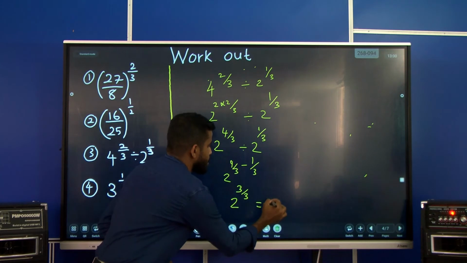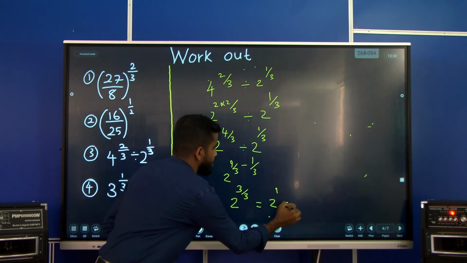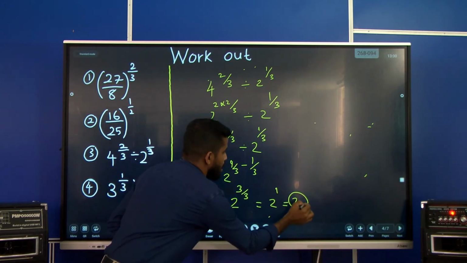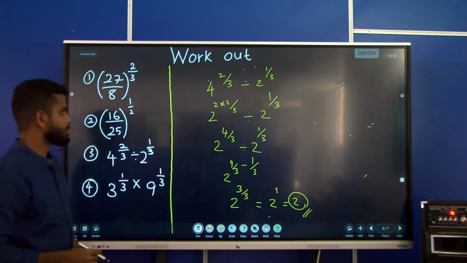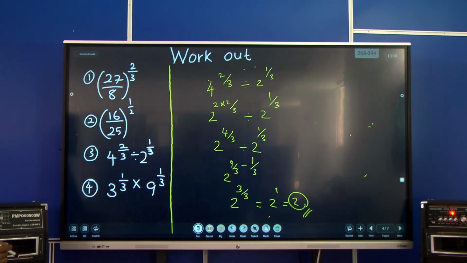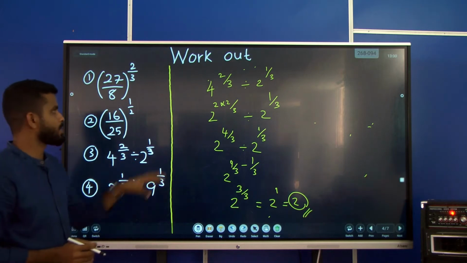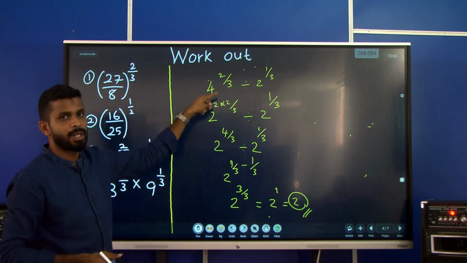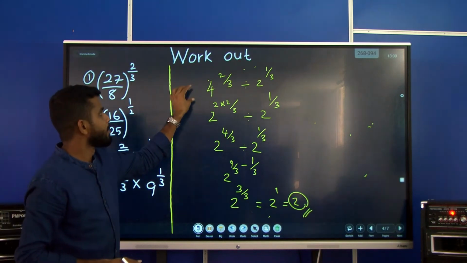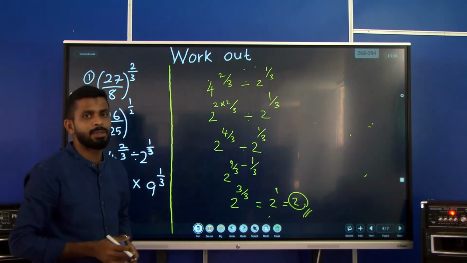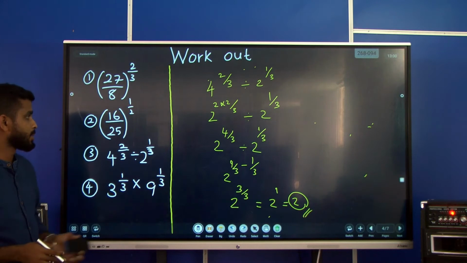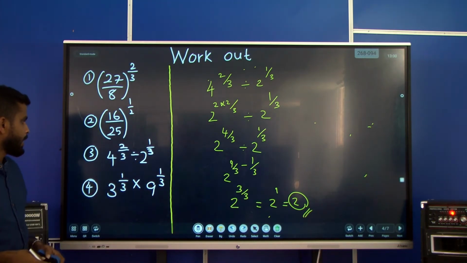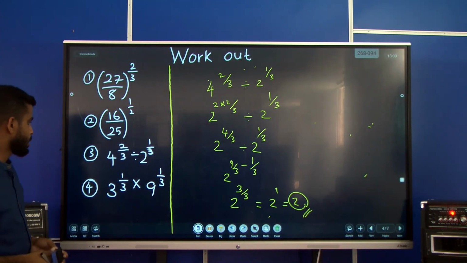The answer is 2 to the power 1, which is equal to 2. So I hope this one gives you a clear picture about division. When you divide with the same base, you have to subtract the indices. Have a look at this, and then finally we'll move on to the last question.